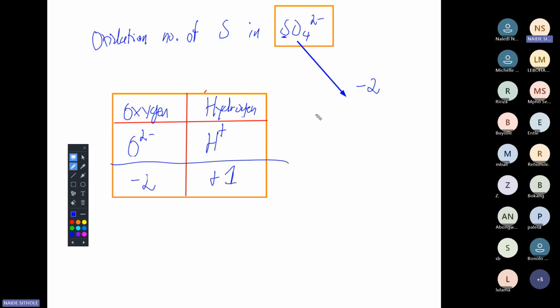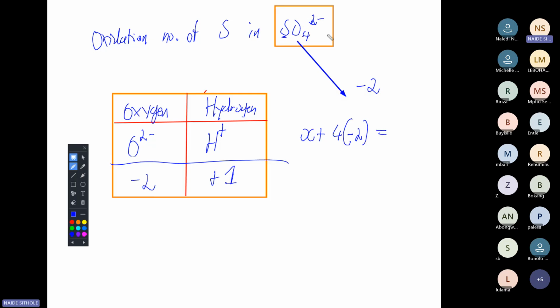So what do you do? You say sulfur is x. How many oxygens are here? There are 4 oxygens. Each oxygen carries an oxidation number of -2. And mind you, it's not this -2 here, it's for oxygen.